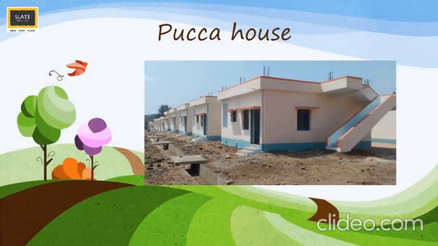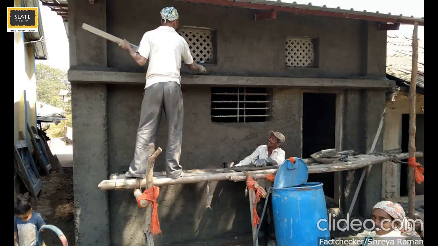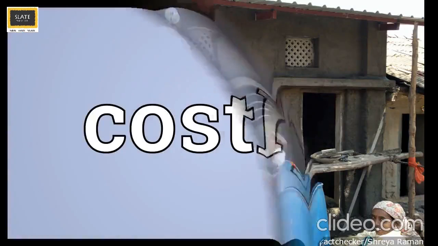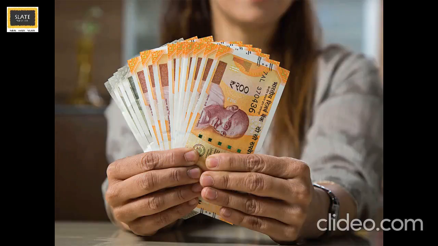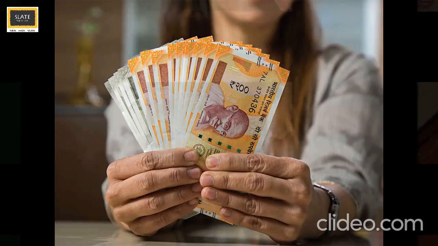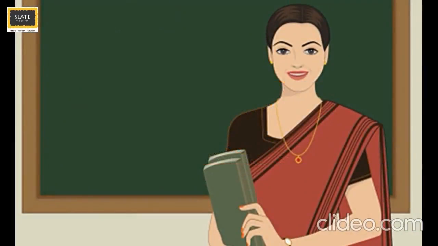This enhances the sturdiness of the houses. But building Pakka houses takes time and is also expensive, which means they require more money. Pakka houses also have toilets inside the house, which eases the requirement of using them during the night.